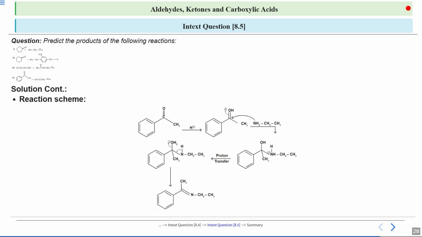The nitrogen lone pair comes here, forming the C double bond N, and water leaves from here. Finally, there will be deprotonation, and you get a neutral molecule. This results in the formation of an imine, and the final product is N-ethyl 1-phenyl ethanamine. Okay, I hope it is clear.